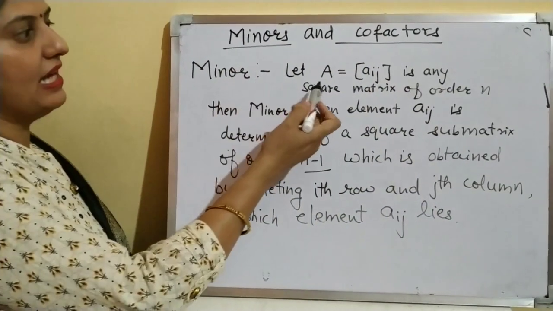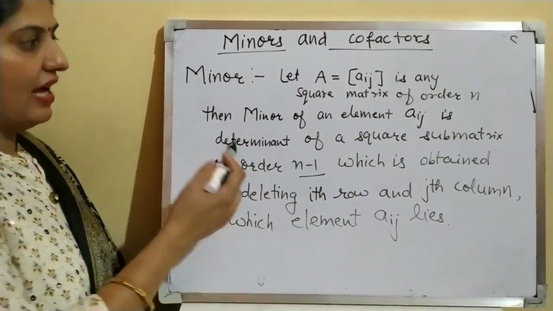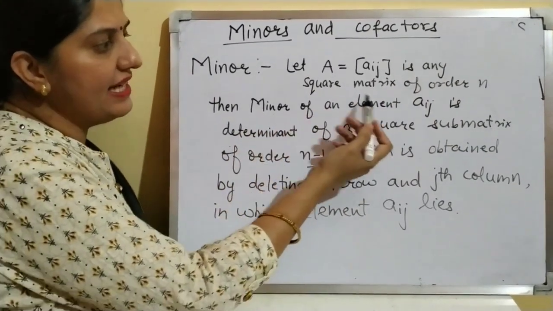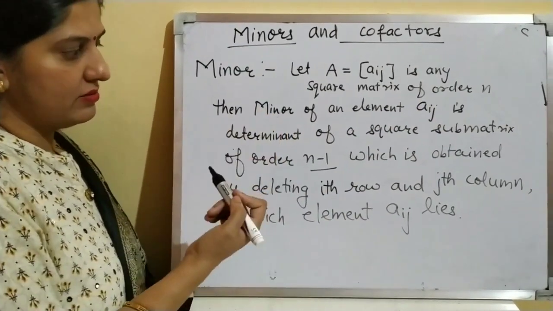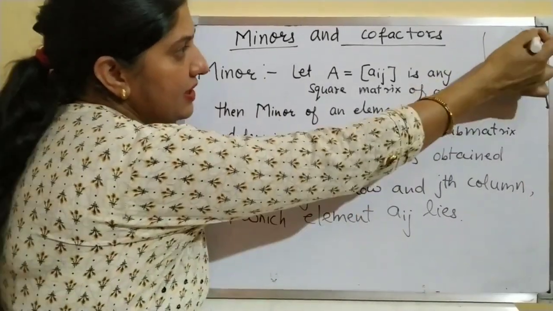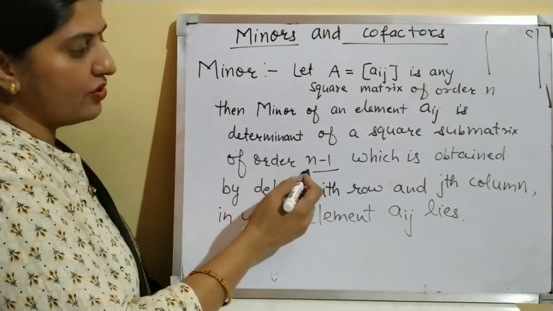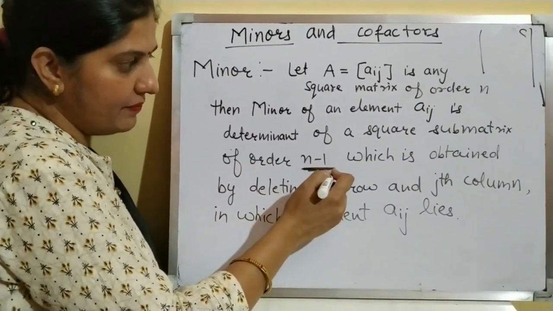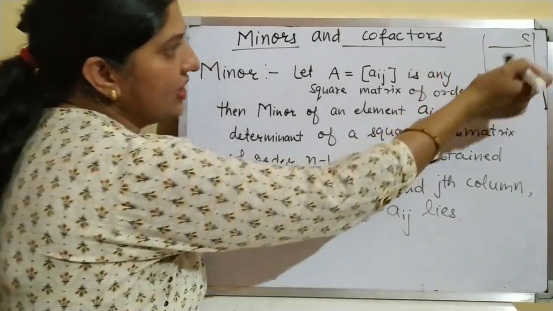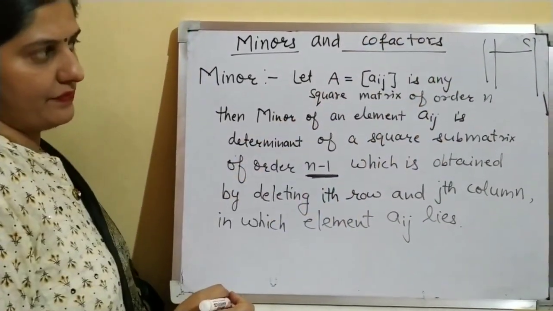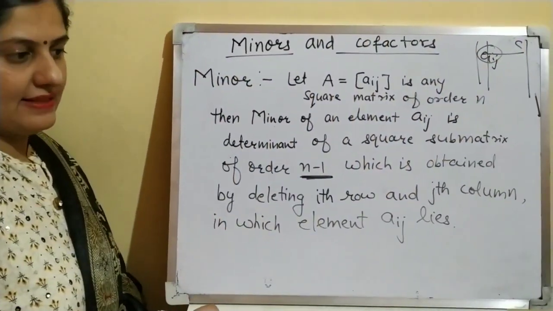See here. We have A, any square matrix of order n. We have to find the minor of any element Aij. So what is a minor? Minor is the determinant of a square submatrix of order n-1, which is obtained just by deleting the ith row and jth column in which the element Aij lies.